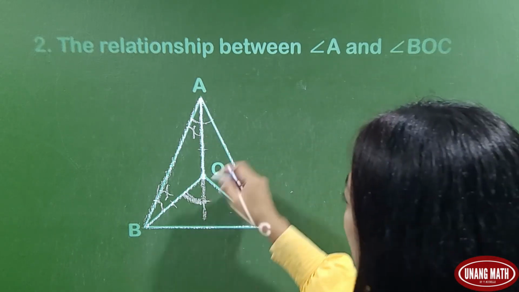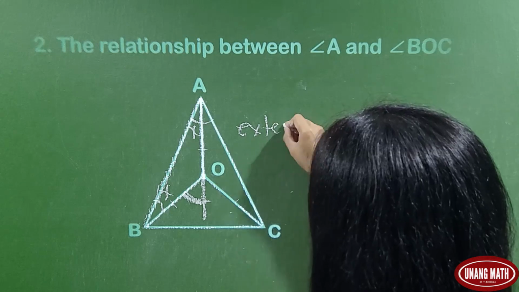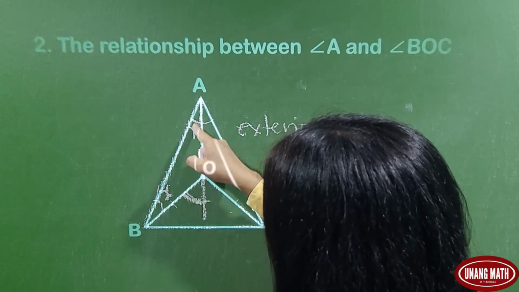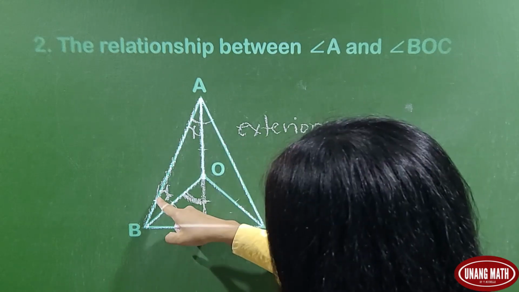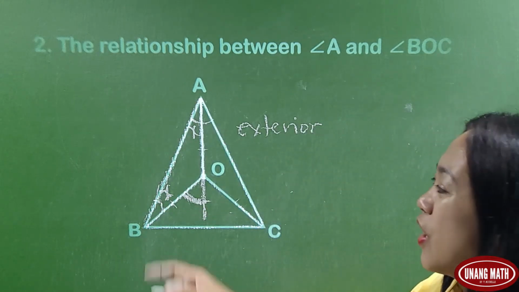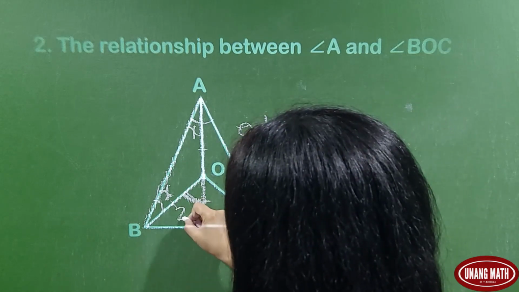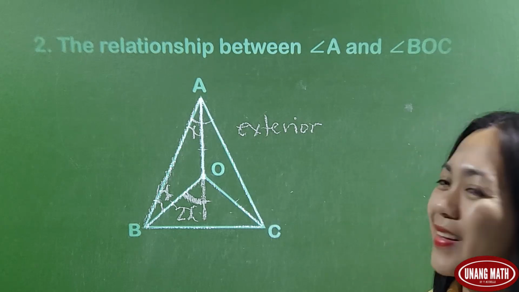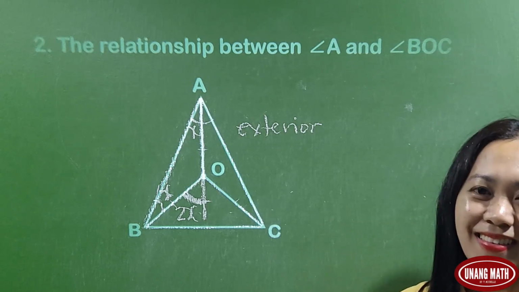And an exterior angle is the sum of the two non-adjacent angles, so this x and this angle x. X plus x is going to be 2x. So this angle is 2x.